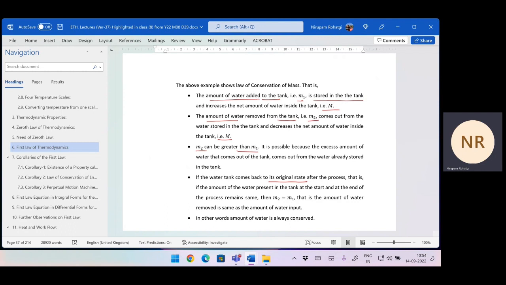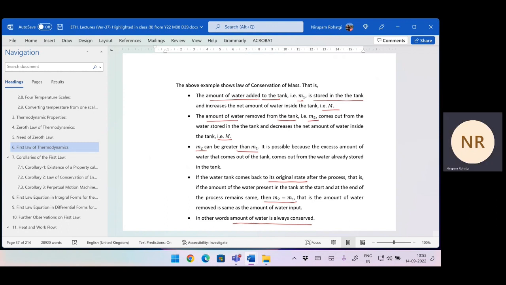Then what can you conclude? That M2 is equal to M1. Whatever amount of water you have drawn in the whole day is equal to the amount of water you have added. Okay? So this is what happened. In other words, the amount of water is always conserved. You cannot draw water if there is nothing inside. And if you maintain the same level, then whatever you take out has to be refilled.